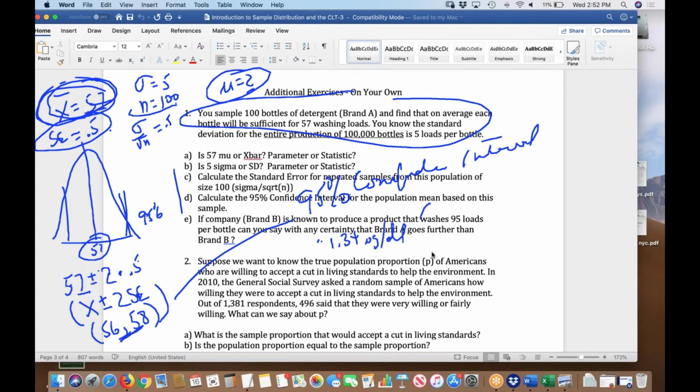And then in parentheses next to that, what would you expect to see? You'd expect to see the confidence interval, and it might be something like 1.2 to 1.6 or something like that.